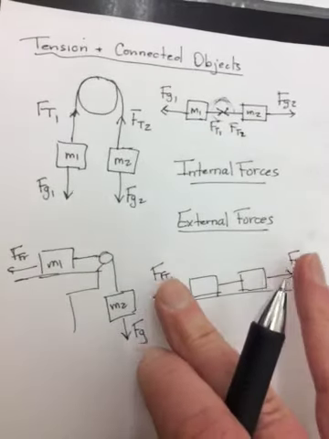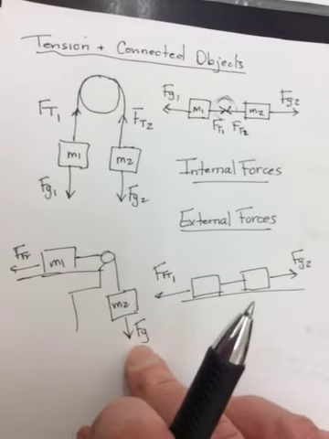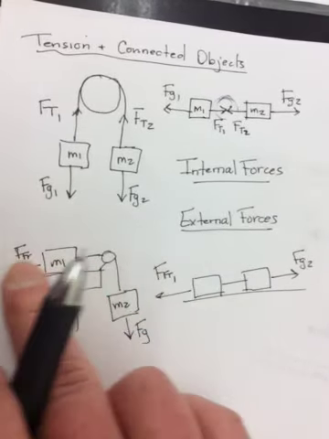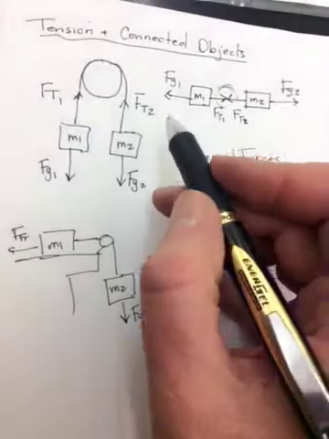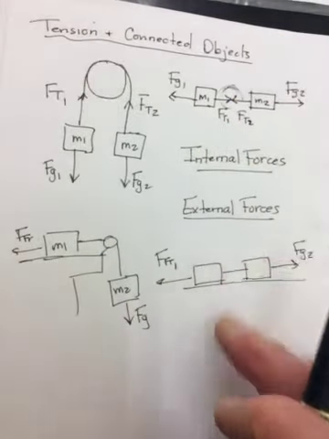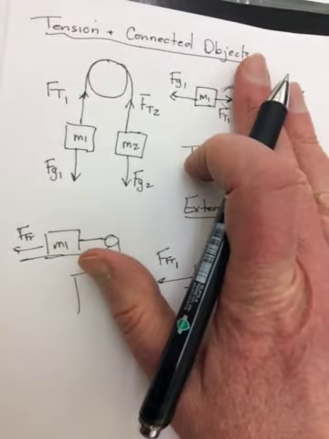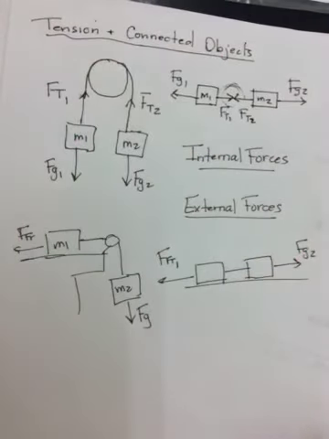So you would have to see which one of these is bigger to make it accelerate. Hopefully you would realize Fg2 should be bigger, because friction's never going to make it pull in the other direction. And if you want to find the tension, you need to look at one of the objects, the sum of the forces on one object, because then the tension wouldn't cancel out. But I'll get to that in the next video.